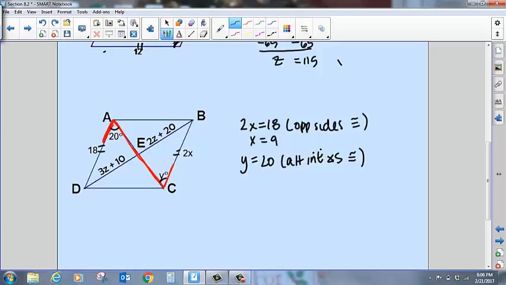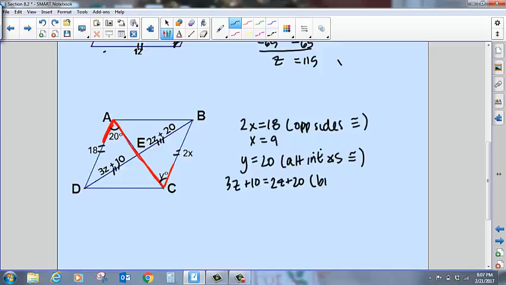Now, to find z, if we use property number 5 that says diagonals bisect each other, we know that diagonal AC is cutting diagonal DB in half. So that means that these two pieces are going to be equal to one another. So 3z plus 10 is going to equal 2z plus 20.